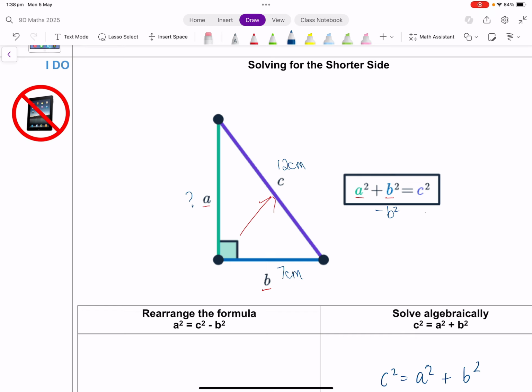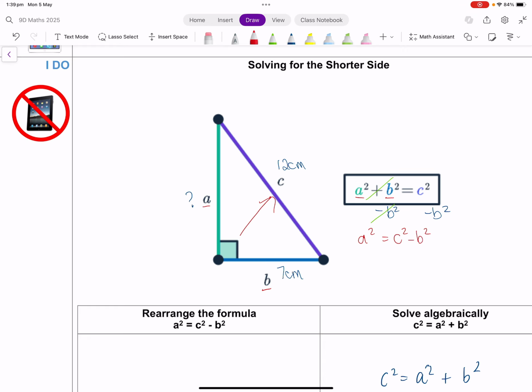We need to make sure we're doing that to both sides of the equation to keep it equal. So that means that this cancels it out. I'm left with a squared is equal to c squared take b squared.